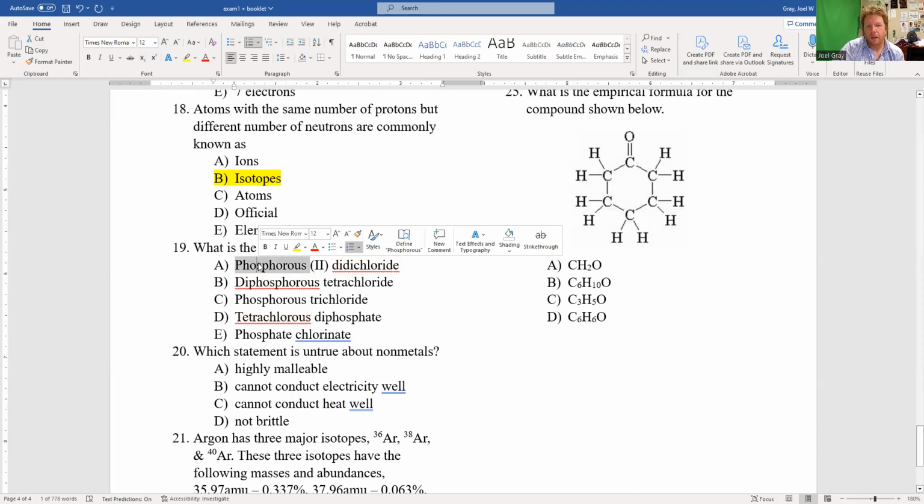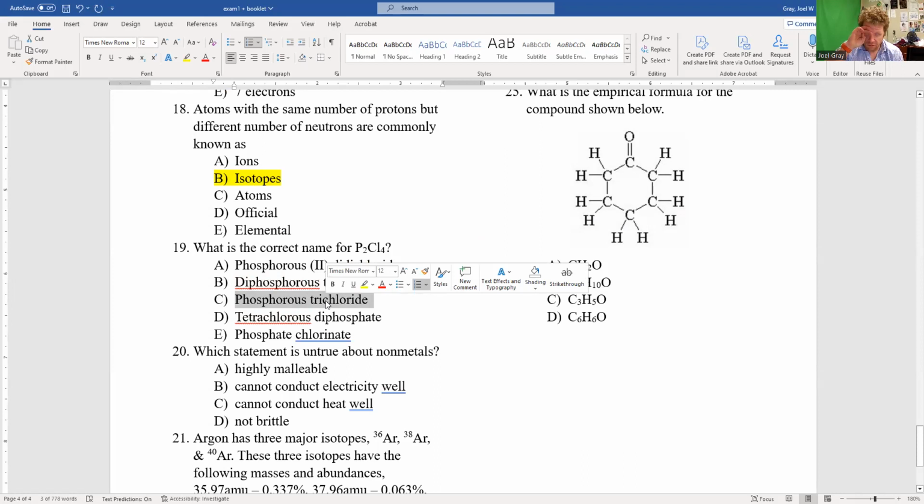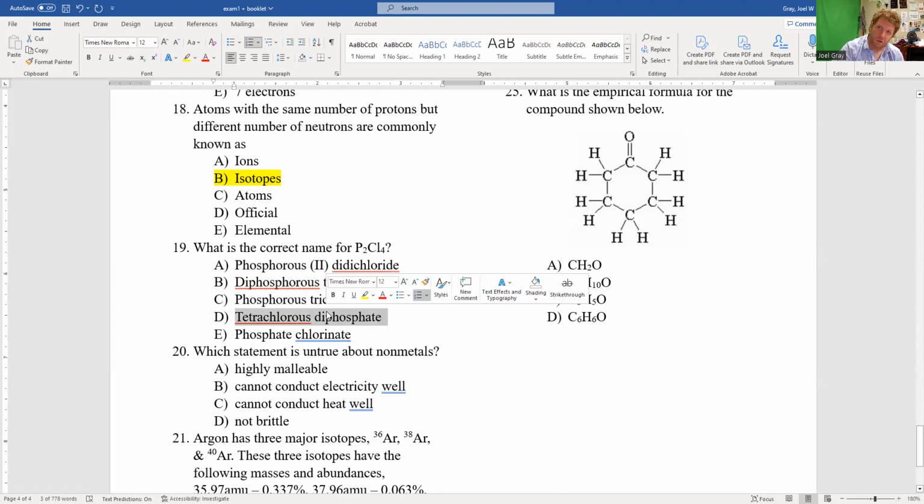Okay, option A. That's not a good option because that Roman numeral 2 denotes you're talking about a transition metal. Answer option C, trichloride. That means you're talking about 1 phosphorus and 3 chlorides. Answer option D, you've got 4 chlorides, good. Diphosphate. Okay, so there's actually a couple things wrong with this. The convention is to name the atom that's first listed, name that one.